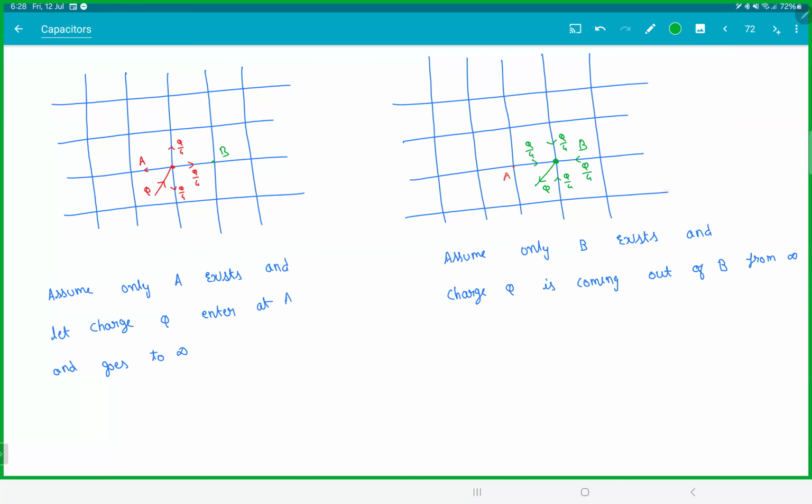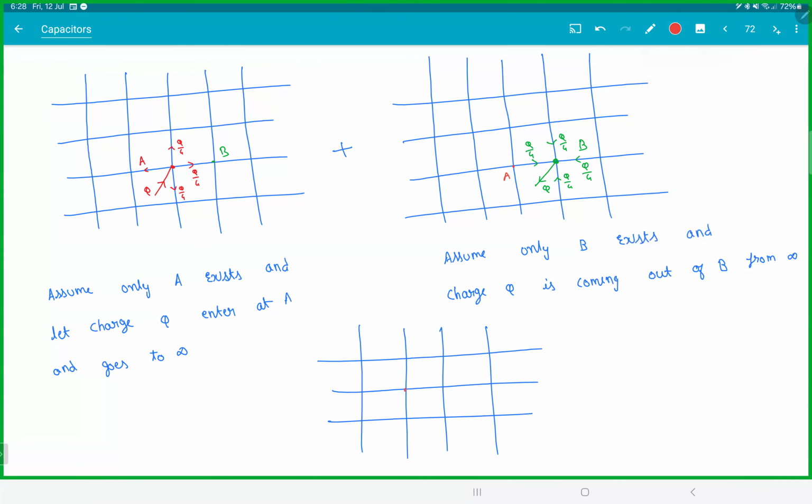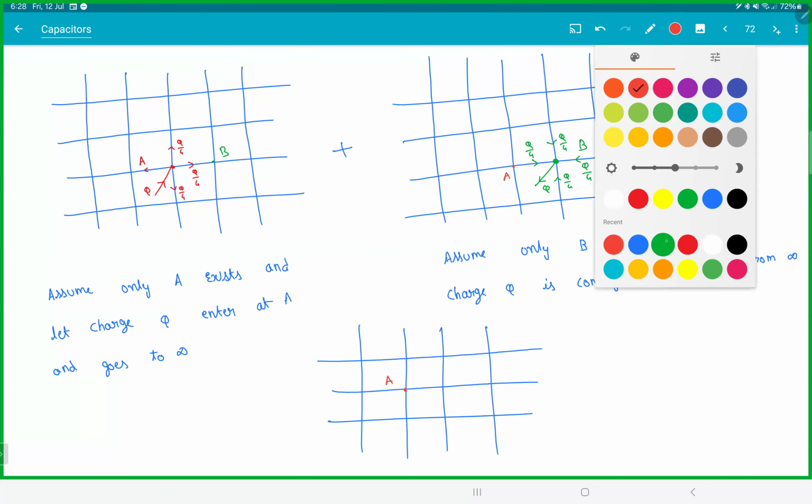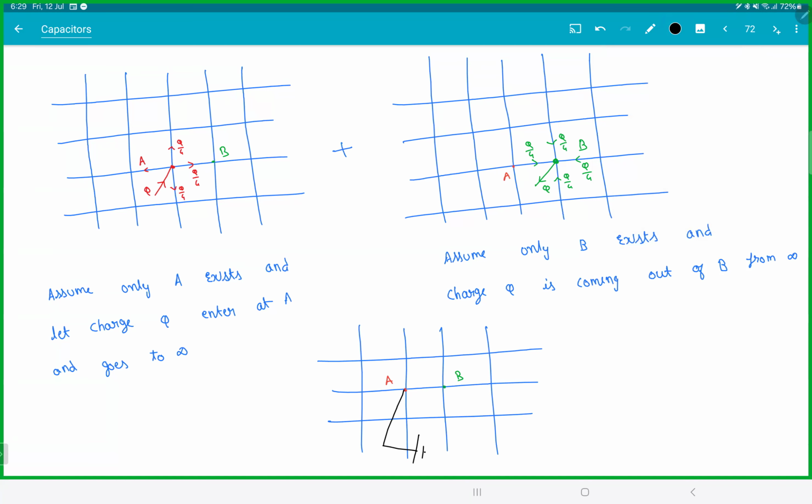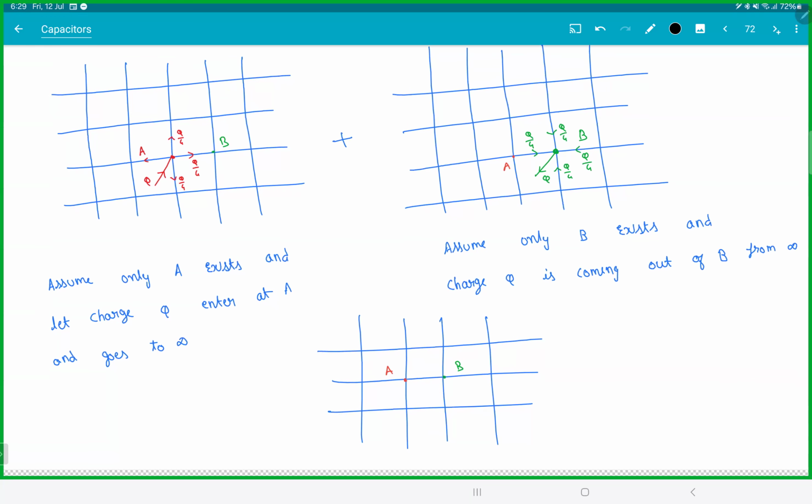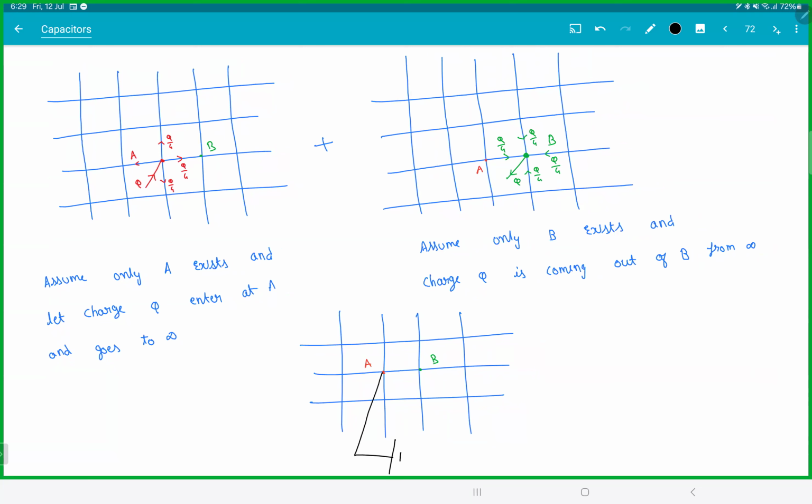Now, if you do both at the same time, this plus this. You took A here, you took B here, and you connected a battery between them, voltage V, and let's say now charge Q is flowing like this.